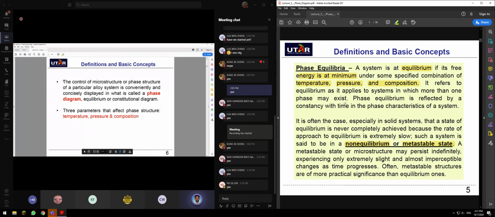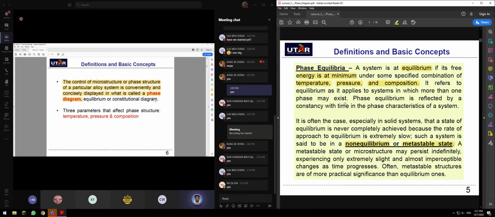Okay, the control of microstructure or phase structure of a particular alloy system is conveniently and concisely displayed in what is called a phase diagram, equilibrium or constitutional diagram.